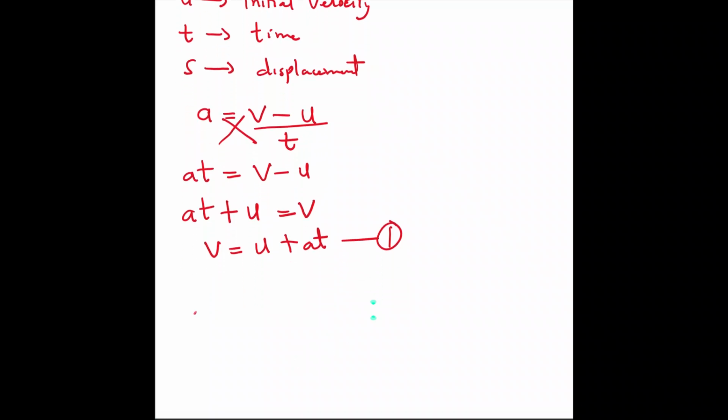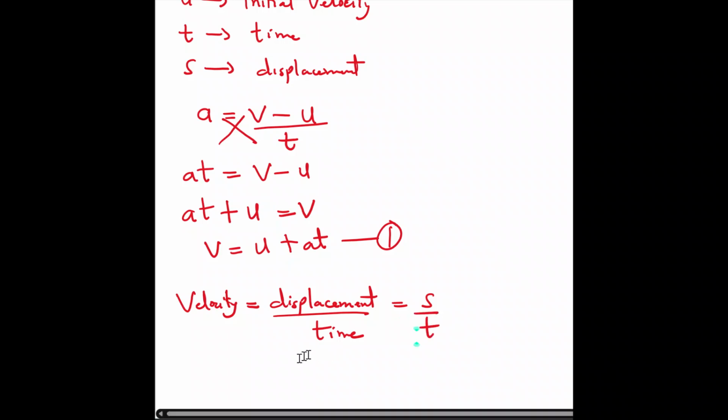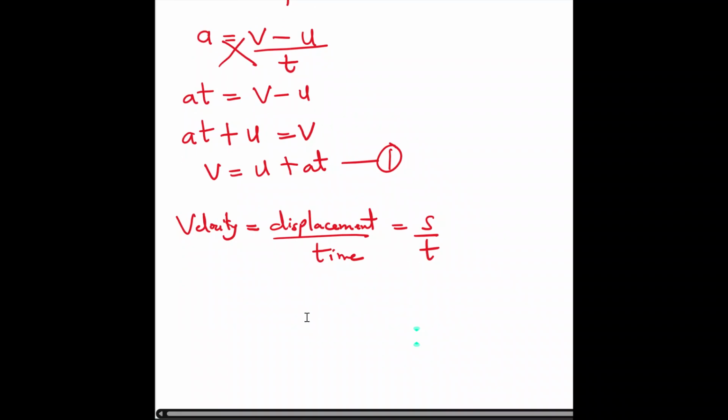One thing we need to know about velocity is that it equals displacement over time. That's change in the direction. It has magnitude and direction over the time, which I can represent as equal to S over T. Also, we need to know about average velocity.